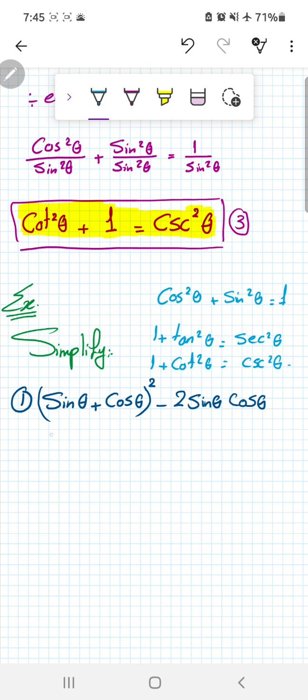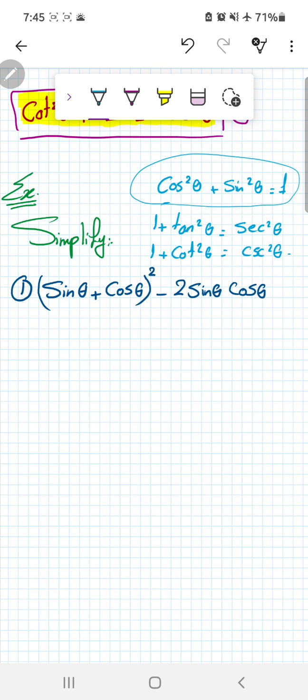Here we have sine, cosine, so we talk about the first one. We have a bracket all power 2, so factorize. The first power 2 is sine power 2 theta, plus the second power 2, cosine power 2 theta.